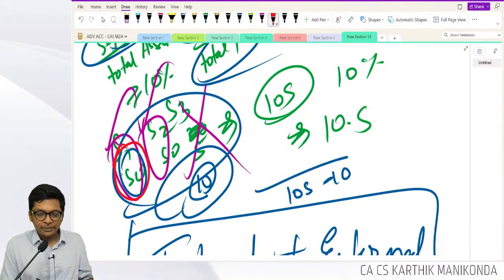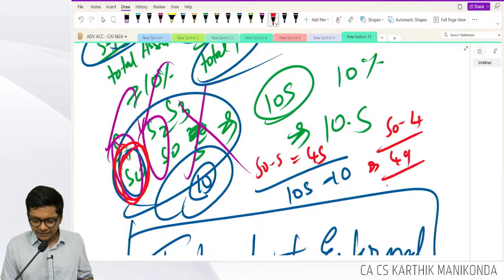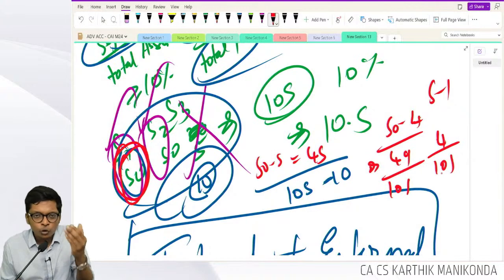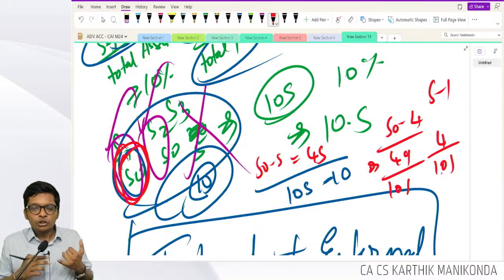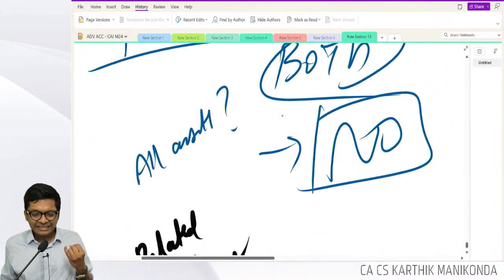For example, in segment 1, if deferred tax out of 50 is 5, you do 50 minus 5, 45. In segment 2, out of 50, if it is 4, then 50 minus 4, you will do 46 divided by 101. Segment 3 only 1, then 5 minus 1, 4 by 101. That means from the total computation of numerator and denominator, those assets, we call them corporate assets, like what, guys?